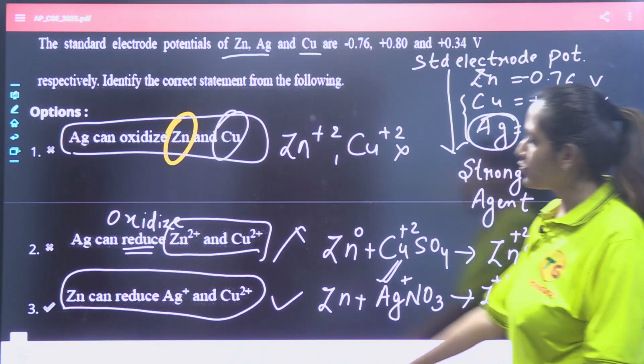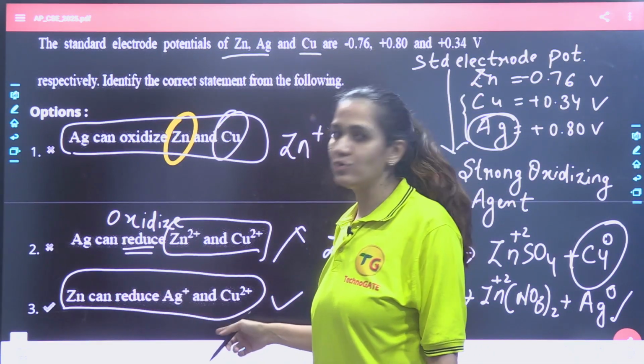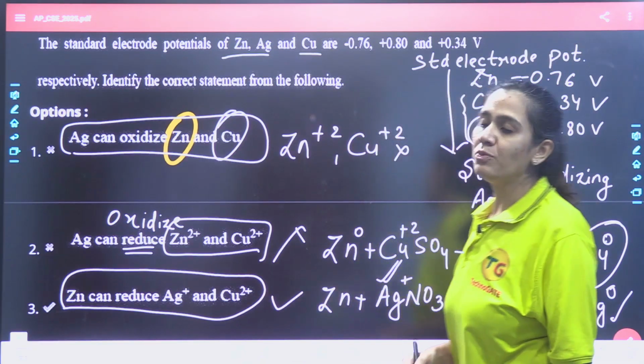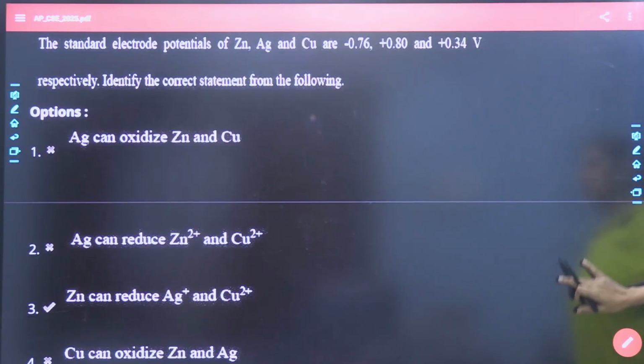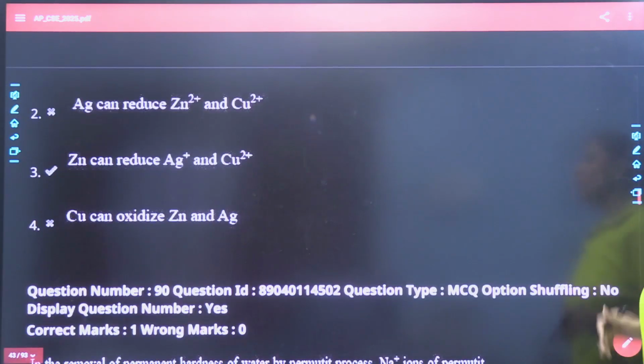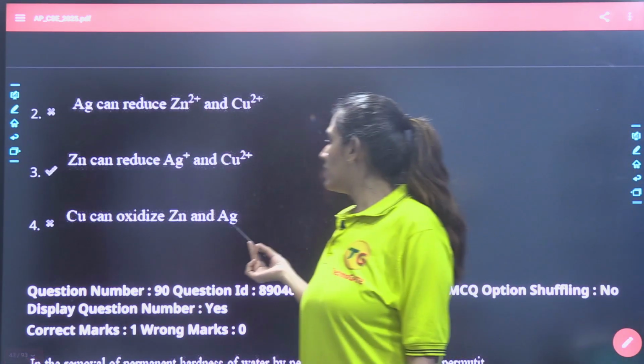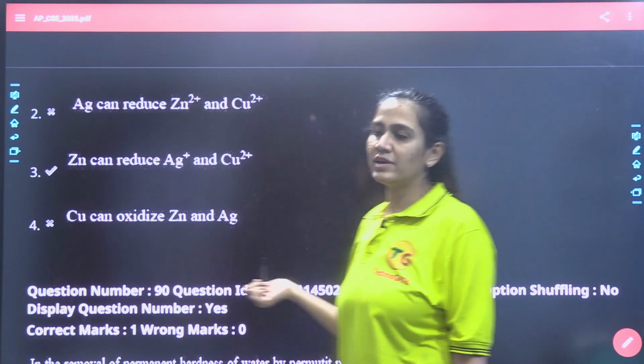So the correct option would be: zinc can reduce Ag plus and Cu plus 2. Clear? So read the question and the statements carefully. Copper can oxidize zinc and silver, so this is again a wrong statement.